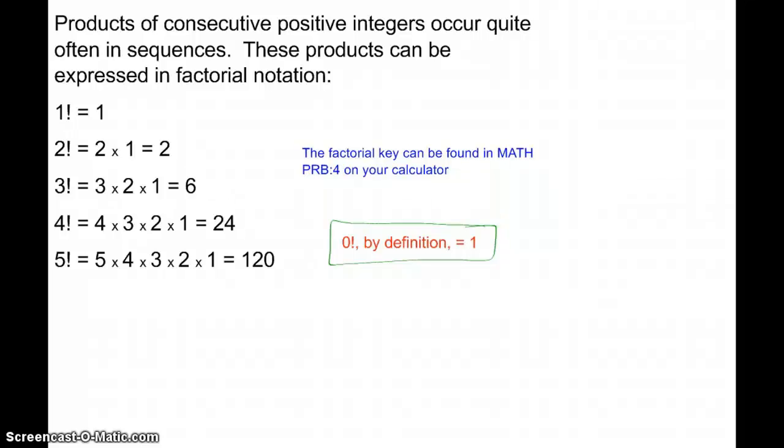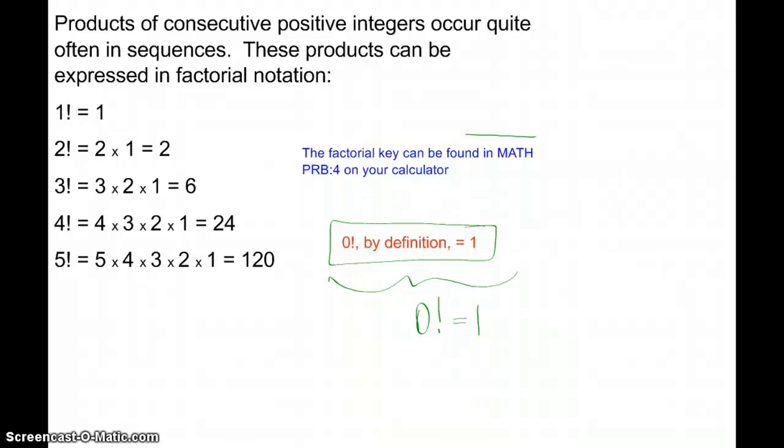I'm not going to cover the mathematics behind this. You're welcome to Google that if you want to, but what I would like for you to do is just take it on faith that anytime you encounter 0 factorial, it does indeed have a value of 1.